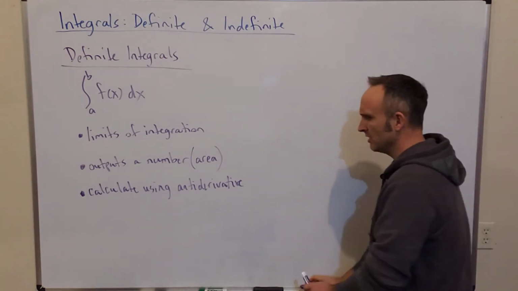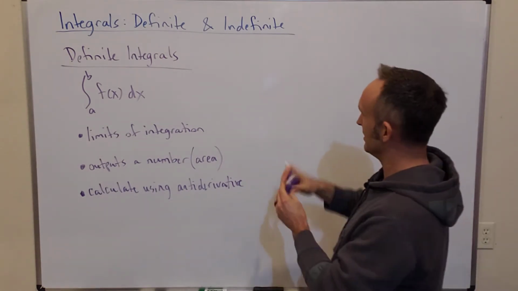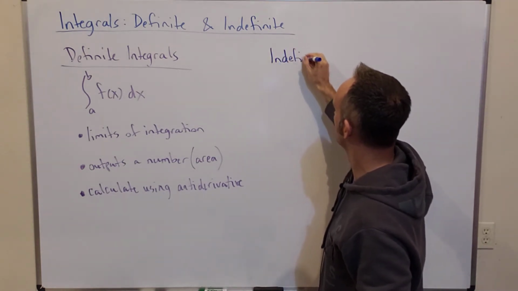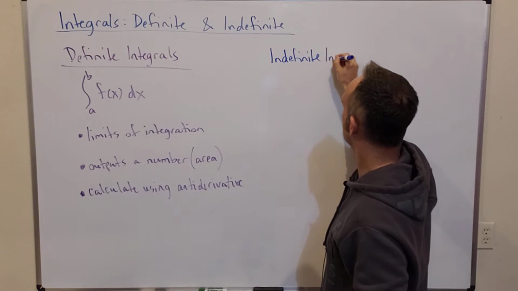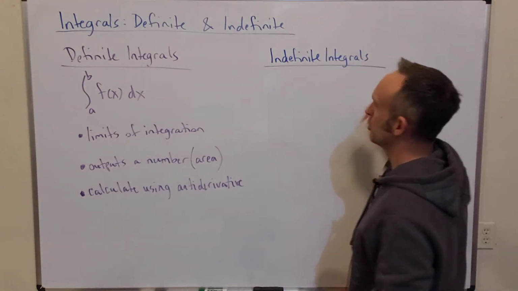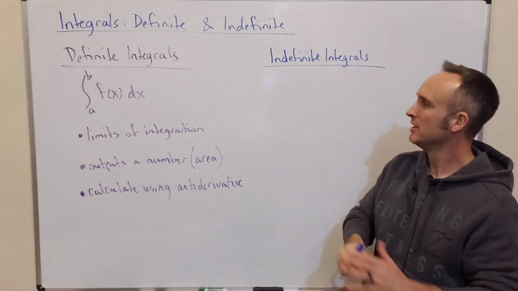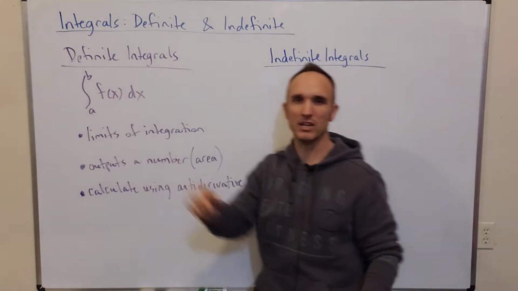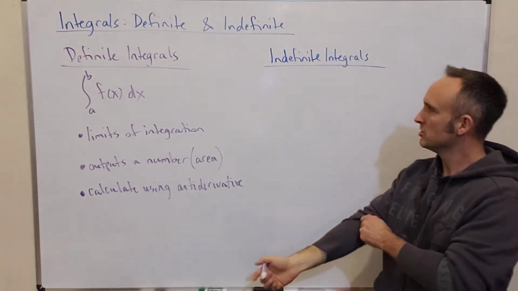Now, let's look at an indefinite integral. Indefinite integrals are more general, and they're called indefinite because the first thing we see is that they do not have limits of integration. They're not measured from one place to another.